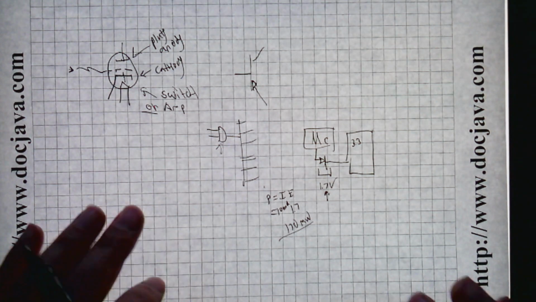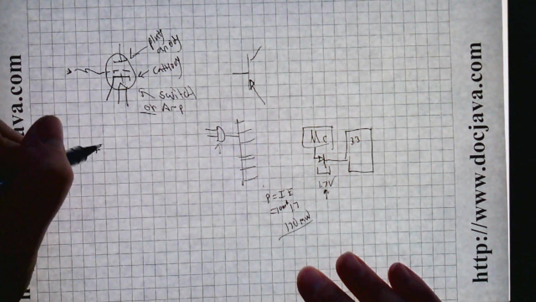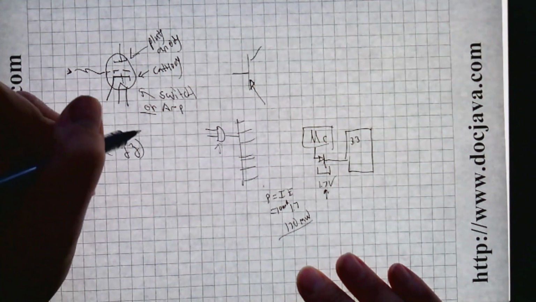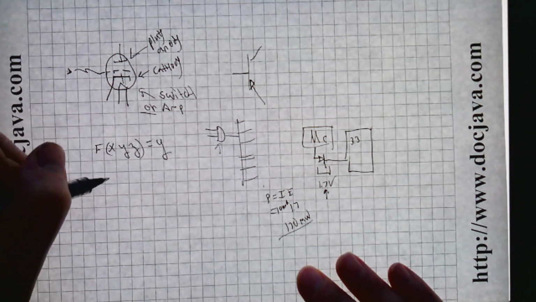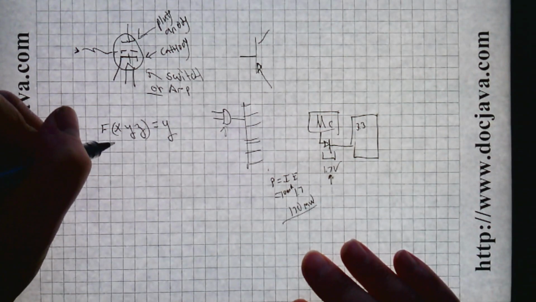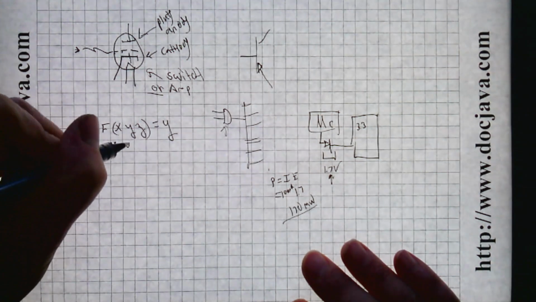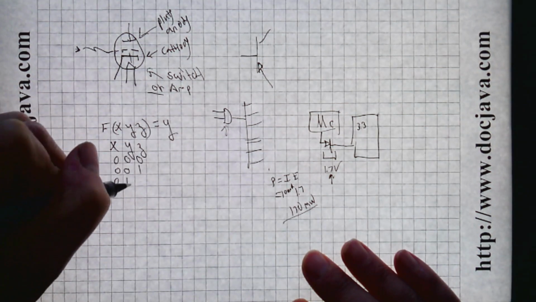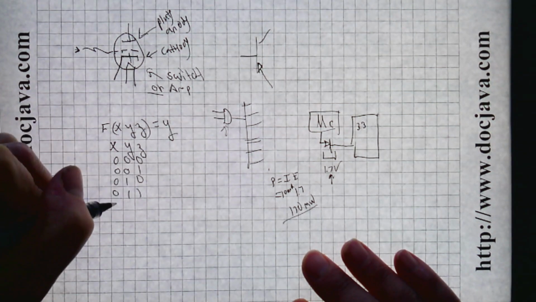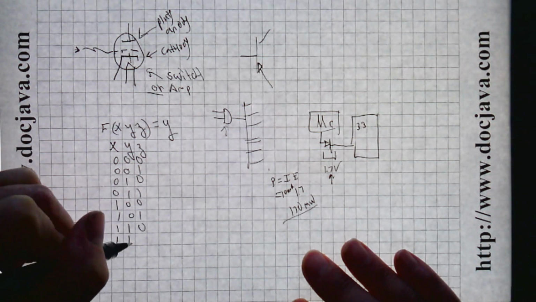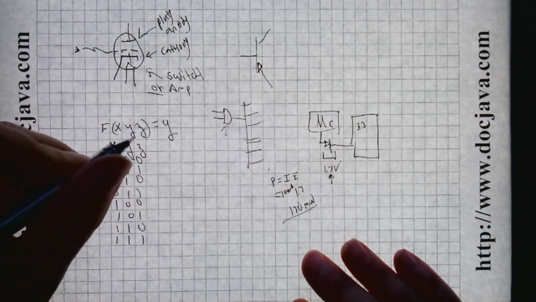Well, one thing we know, it's a function. It has 3 variables, x, y, z, and it's equal to y. So if I had, I don't know, a truth table, that'd be good. I like truth tables. x, y, z, 0, 0, 1. Got that right.